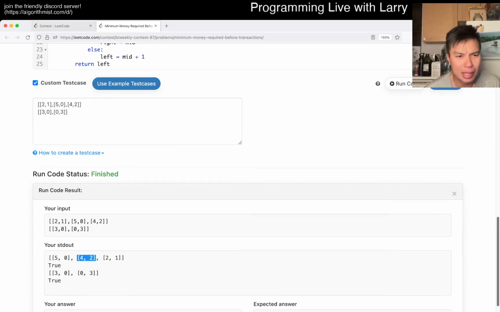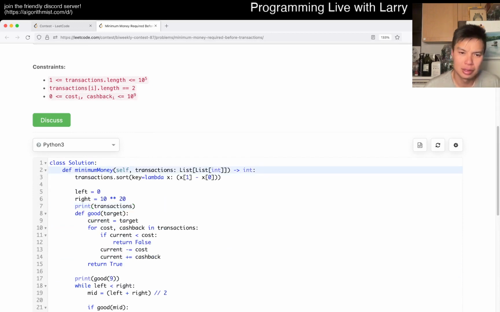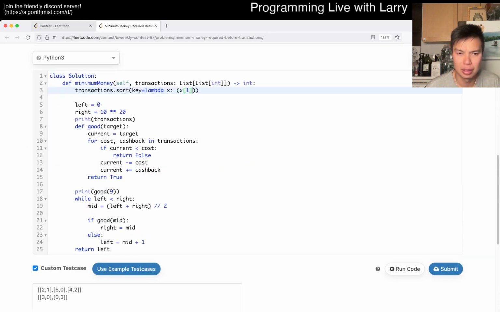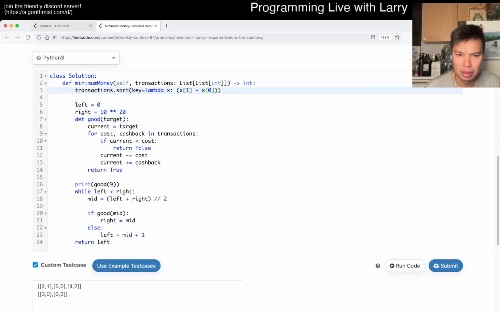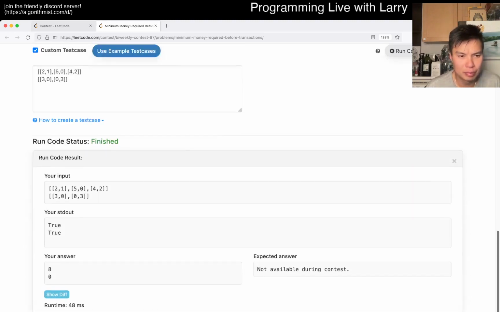I sort by cashback. This feels like a YOLO though, to be honest. Like if I sort by cashback, is that good? Nope, even worse.